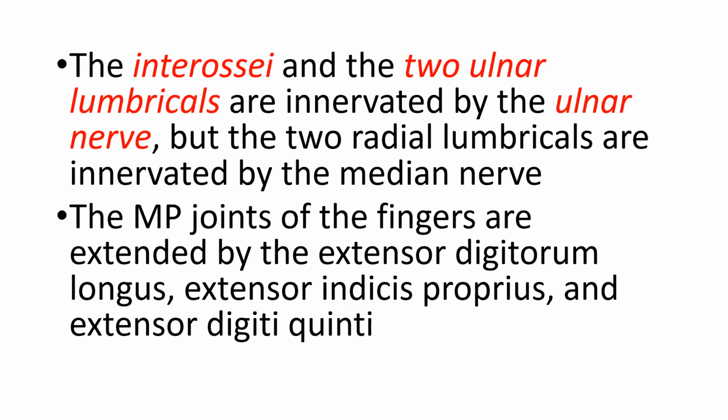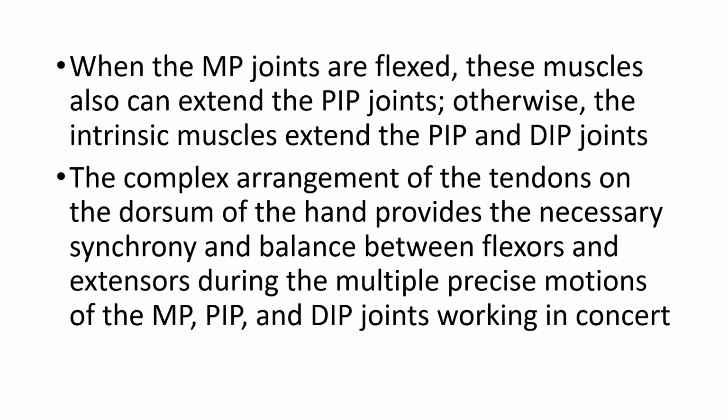The metacarpophalangeal joints of the fingers are extended by the extensor digitorum longus, the extensor indicis proprius, and the extensor digiti quinti. When the MP joints are flexed, these muscles also can extend the PIP joint. Otherwise, the intrinsic muscles extend the PIP and DIP joints.